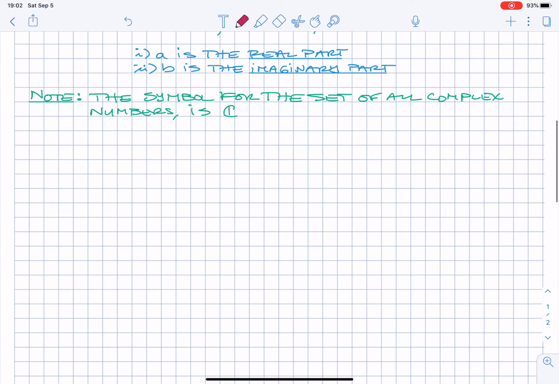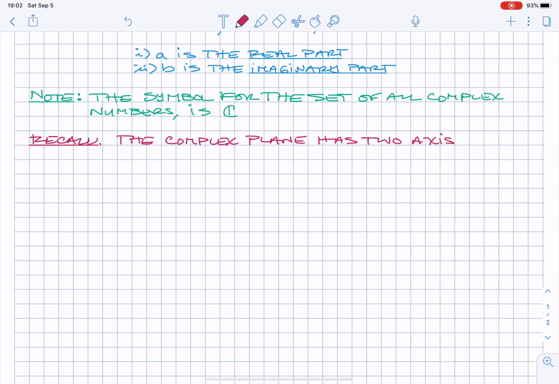So let's recall from your trig class that the complex plane has two axes, hence plane.